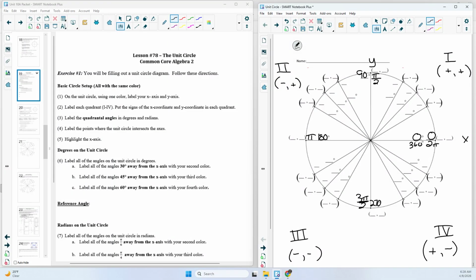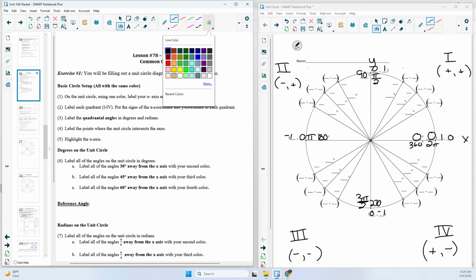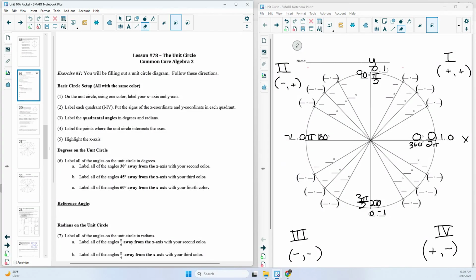Next, we're going to label the points where the unit circle intersects the axes. This was something we did on the very first day at the beginning of the lesson, and this is just knowing the radius of the unit circle is 1, and then using directions for X and Y to label those coordinates. We are going to highlight the x-axis, which I'm going to attempt to do up here with a highlighter, but I don't think I have one.